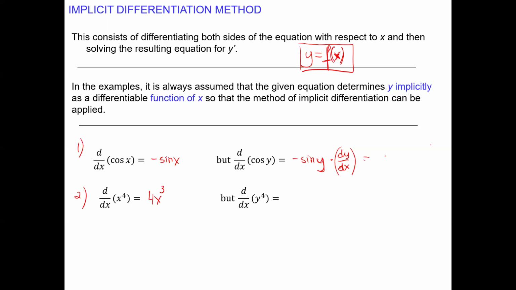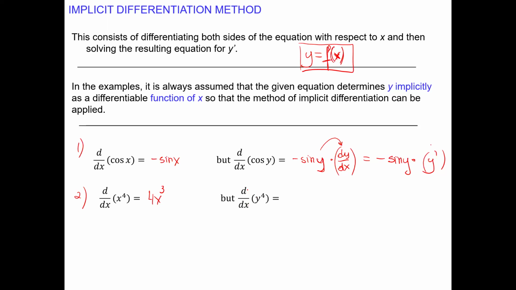Or we can just say y prime, negative sine of y times y prime, if you prefer this. But y prime doesn't show the independent variable. It's a chain rule basically, but we have to say the derivative of cosine of y is negative sine of y times the derivative of y, dy dx.